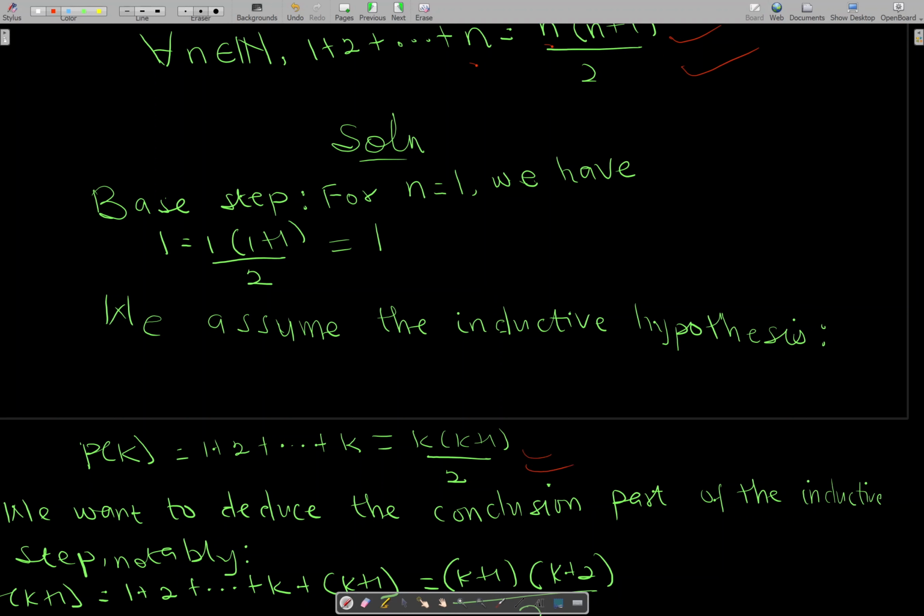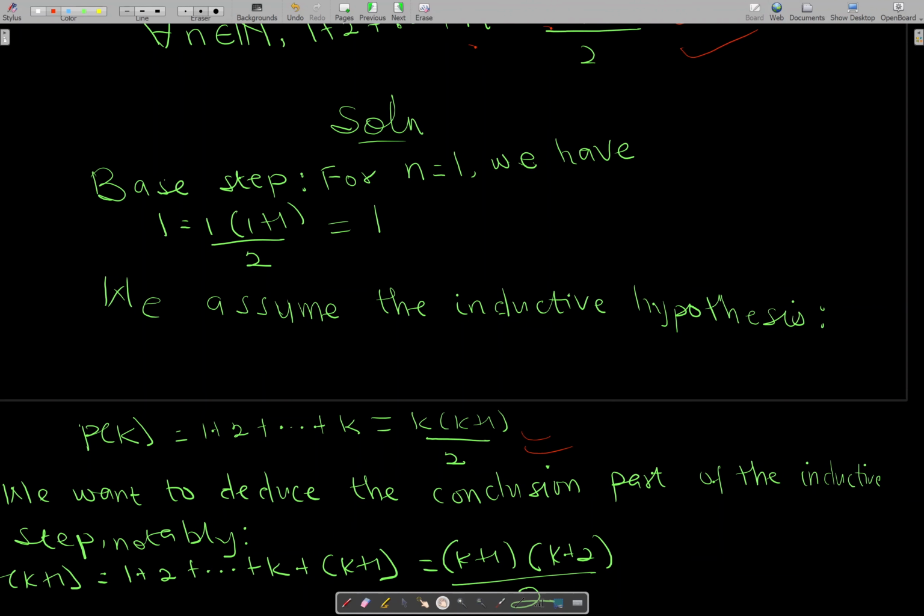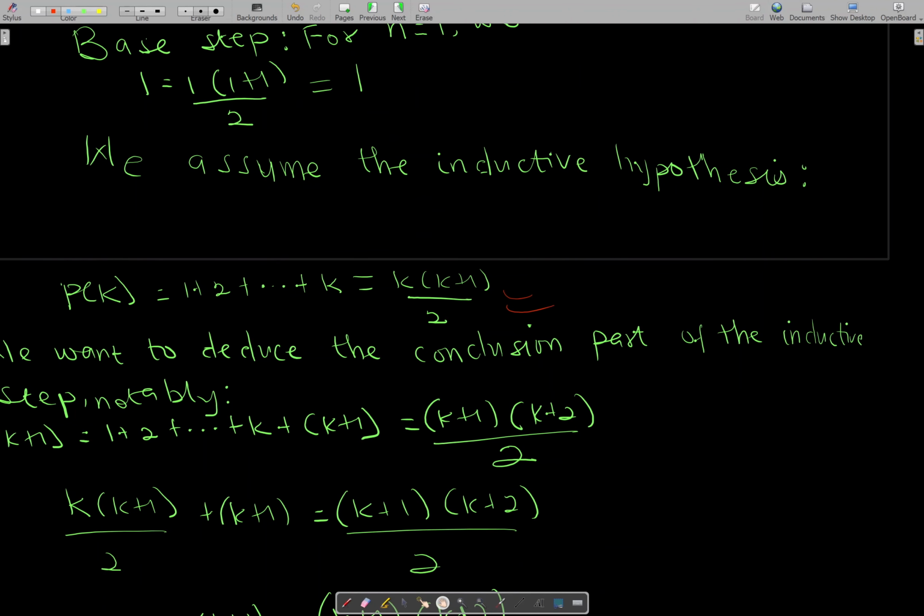We know that P of k is true, and we are required to show that the next step, that is k plus 1, is also true. P of k plus 1 is also true. So let's see. We want to deduce the conclusion part of the inductive step. Our P of k plus 1 will be 1 plus 2 up to k plus the next step, k plus 1.